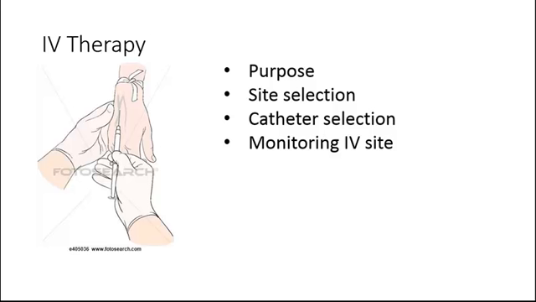The most common size, as you know, is the 20 gauge catheter. But depending on what the purpose of the infusion is, if it's for blood, then we want to get an 18 gauge, but we could give blood with a 20 gauge if needed. And then if it's just going to be a plain solution, like an isotonic solution such as saline, we might just go ahead and go with a 22 gauge.